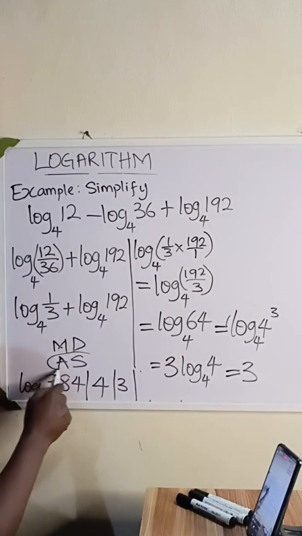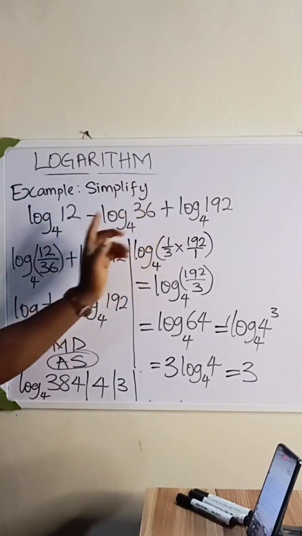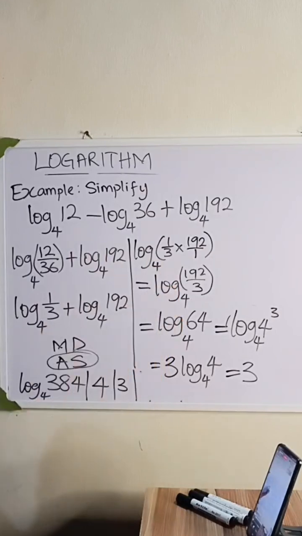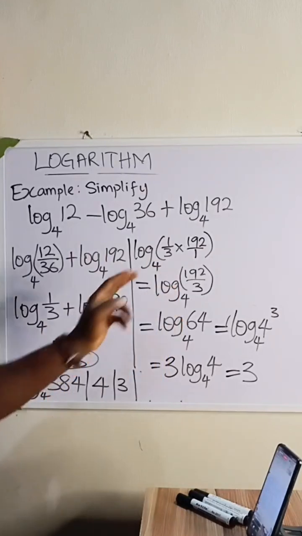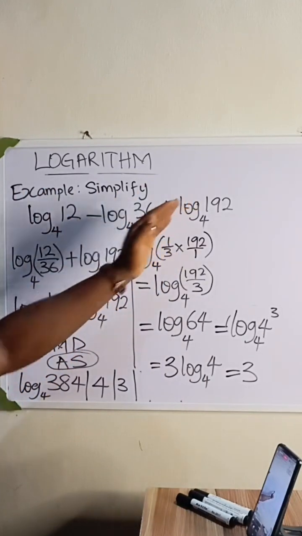They are both at the same level. So if you have a question where there is addition and subtraction, while moving from left to right, the one you will meet first, that's the one you work on first. Okay? So yes, board maths applies here. But if you start with here, you are wrong because you need to move from left to right.